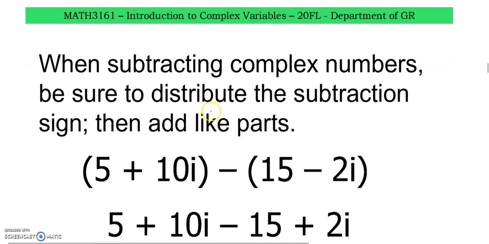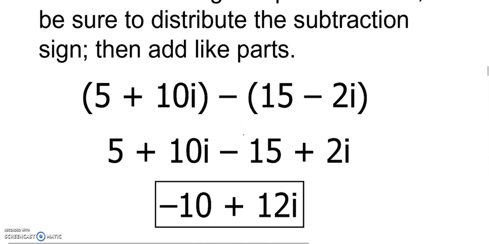Now here we see how to subtract complex numbers. When subtracting complex numbers, be sure to distribute the subtraction sign, then add like parts. Now you see this example. 5 plus 10i is one complex number.